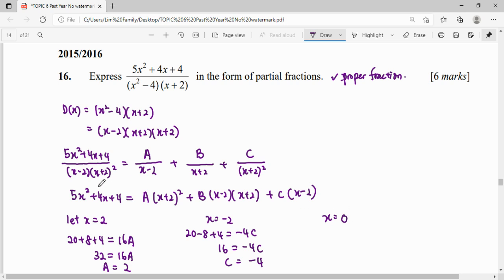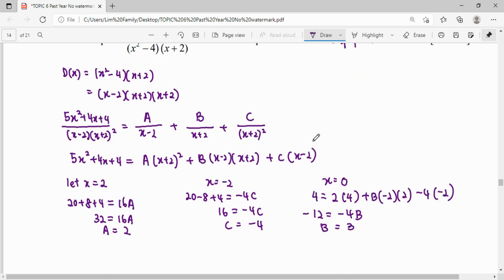I choose the value 0. Substituting into the equation, I get 4. Then we use our A that we already found: 0 plus 2, 2 squared becomes 4. Our B we haven't found yet, so it is times 0 minus 2, 0 plus 2. C is -4, times 0 minus 2. From here we find our B value, which equals 3.